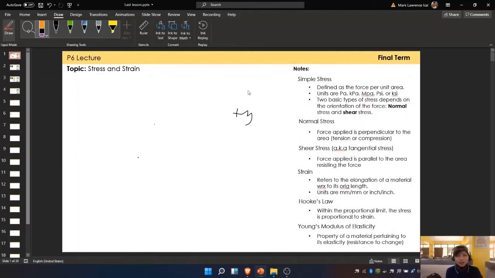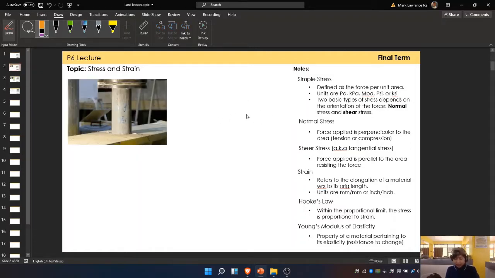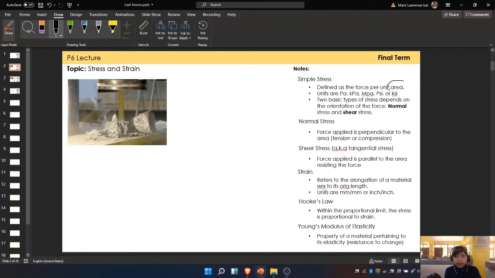Diretso na tayo. So, when we say stress, stress is actually defined as the force experienced by a material that has an area. Okay, so it all boils down with the area.